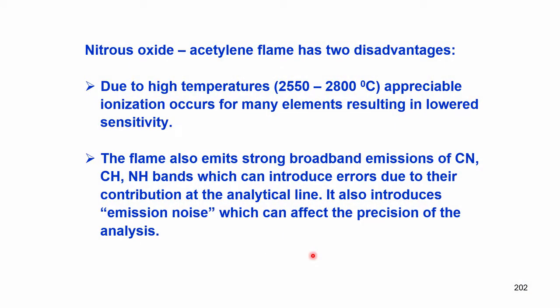So, it forms a cyanogen radical, and then we also have carbon-hydrogen combination CH and NH. All these bands have very short lifetime, okay. But these bands do have a strong absorption band just like a spectrophotometer. It is a broad band, it is not a very sharp band.